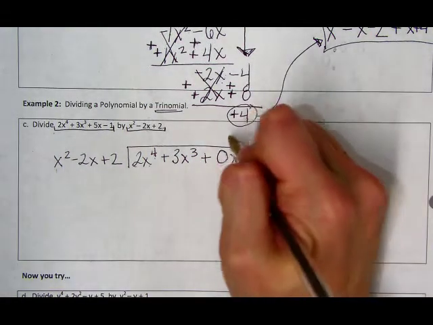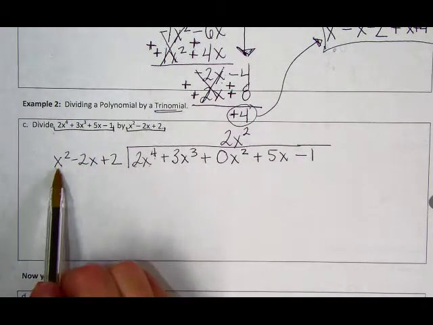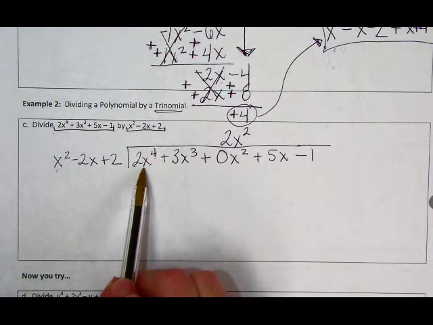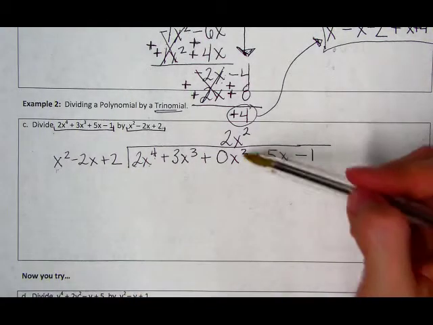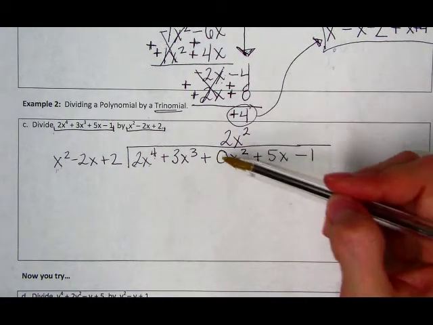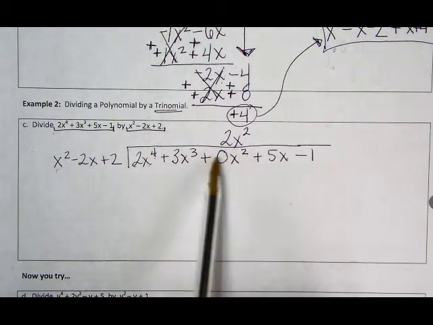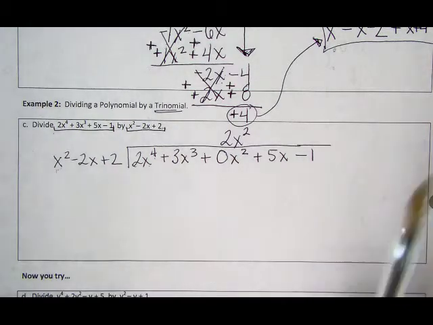So I know that 2x squared times x squared is what's going to give me my 2x to the 4th. Again, make sure that you write that 2x squared right above the column that has your squares. And that's why we created our 0, so that we have a place to be able to do that.